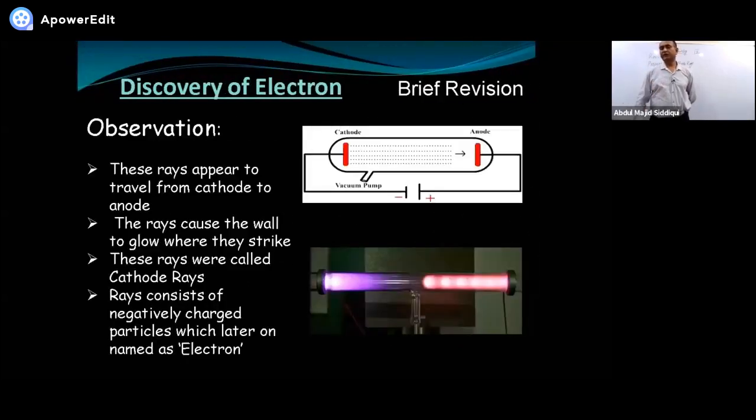Later on it came to be known that these rays are electrons. These rays, the cathode rays, are made up of electrons. In this way, the first particle of the atom was discovered. What was the first particle? Electron. So the electron was discovered by J.J. Thomson by the discharge tube experiment, the Crookes tube experiment.